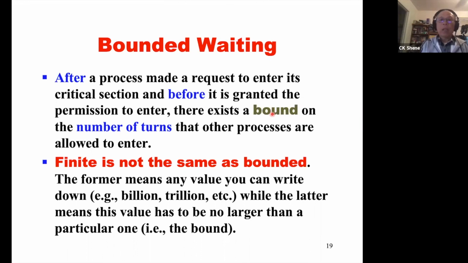Remember this, but in the next unit, we only study 2 algorithms to solve the critical section problem. Therefore, the bound you can find is always a constant, a function of 2. And this function has to be constant.